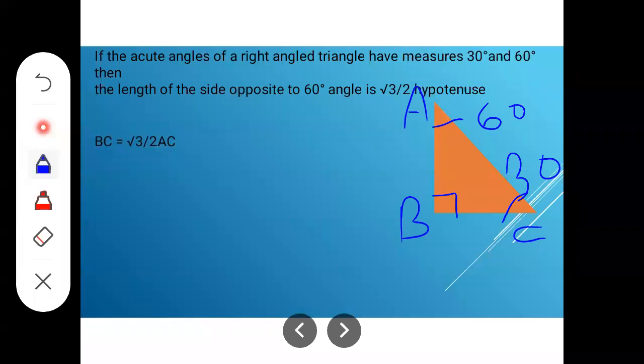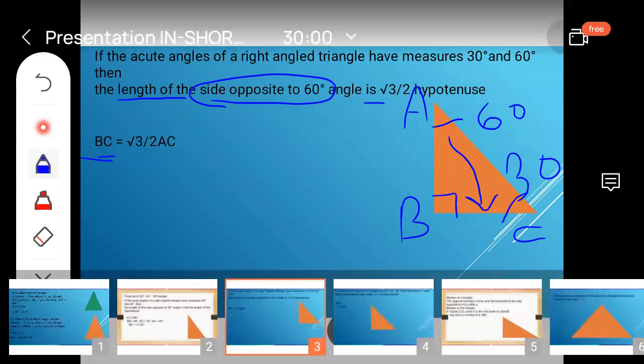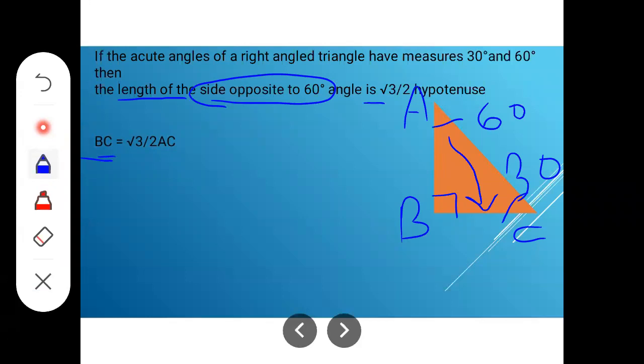Okay, so the length of the side opposite to 60. Now, which is the side opposite to 60? See, angle 60 is this one, and the side opposite to 60 is BC. So write BC. Is means equal to root 3 by 2 of the hypotenuse. So which is the hypotenuse?